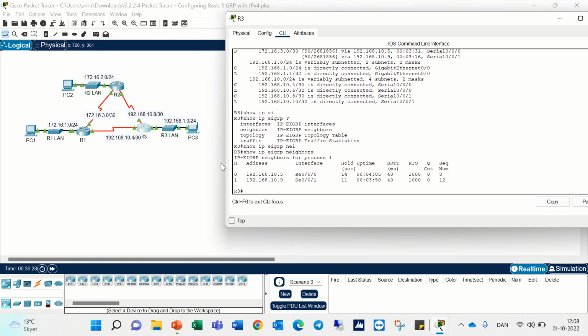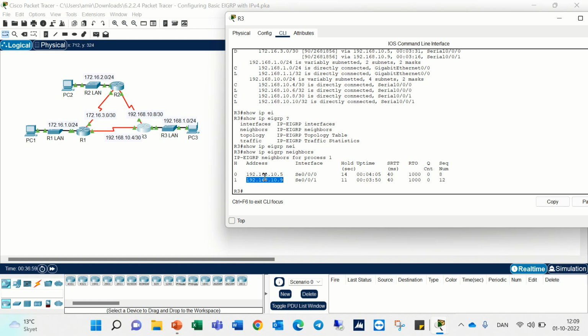Your neighbor for router 3 is 10.5. This is router ID, and also 10.8. If you remember in my PowerPoint, this is router ID, and we didn't set it because there is no command in Packet Tracer, not in reality, in Packet Tracer, virtual machine.